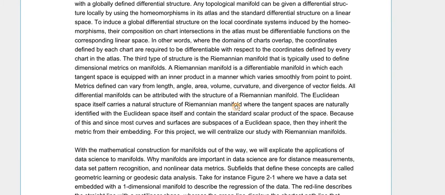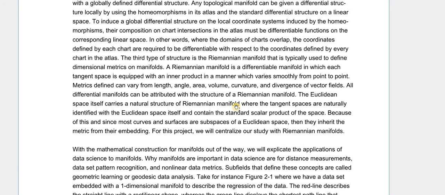And another type of manifold is giving it metrics, kind of like vectorial metrics, and what you use here is what we call a Riemannian manifold. Some of these metrics are pretty common in Euclidean space, but let's just redefine them now for the manifold space. They're called lengths, areas, angles, volumes, curvatures, and divergence.